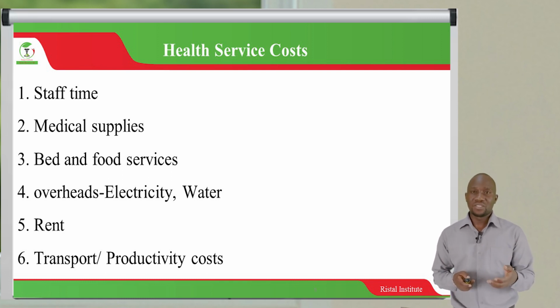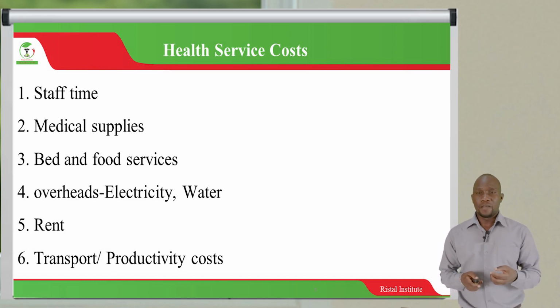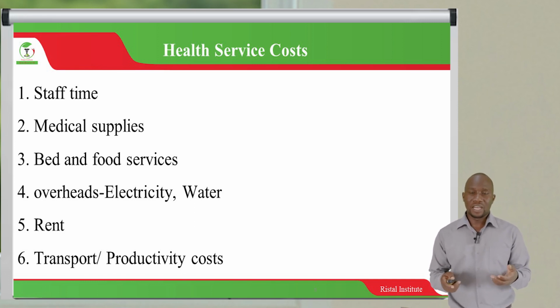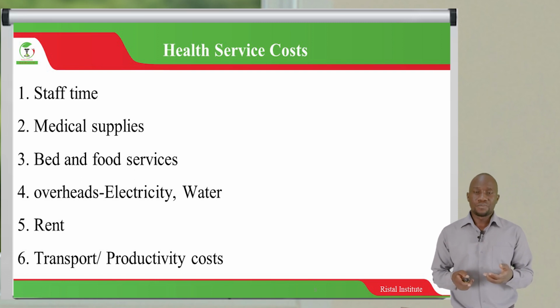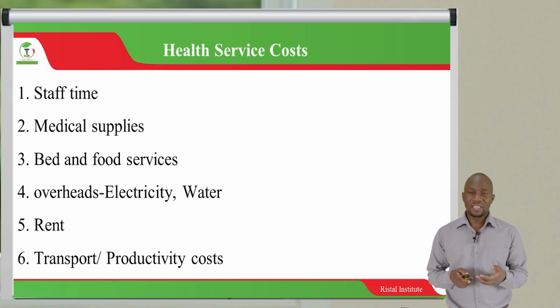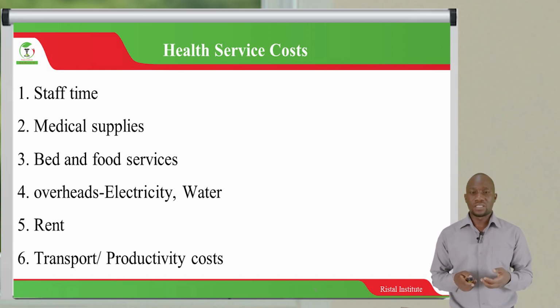And then if the person is going to be hospitalized, the bed on which they are going to sleep, the number of days in which they are going to be in the hospital, within the hospital setting, they will also use electricity, they will use water, they will use Wi-Fi, and other things. So these are also expenses or health service costs.